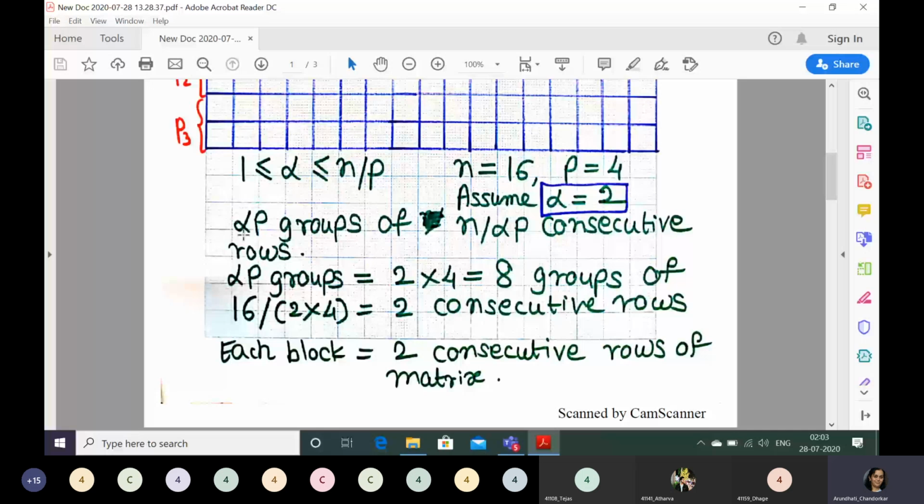So I'll just take the product of alpha and p. So alpha is 2 and p is 4. So alpha p groups, that is equal to 2 into 4, 8 groups of n by alpha p. So I have substituted simply, and 2 consecutive rows. So each block I am getting as 2 consecutive rows of the matrix for allocation. So please go through this, and then I will show you the above diagram.